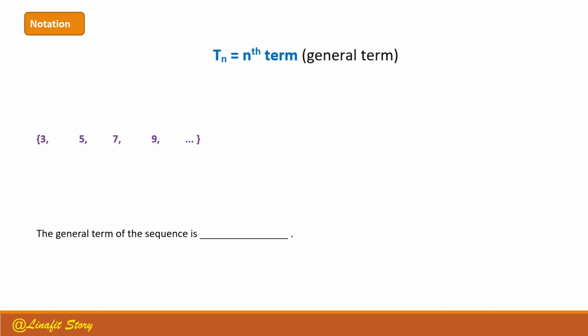Notation. To make it easier to use rules, we often use this special style. Cn is equal to the nth term. Cn is the term, while n is the term number.